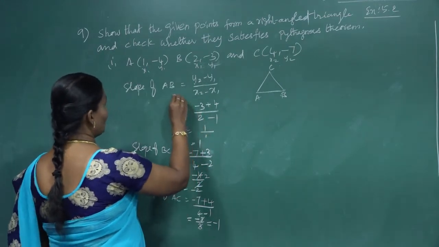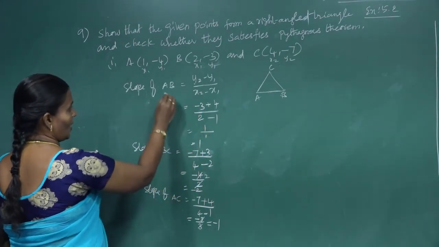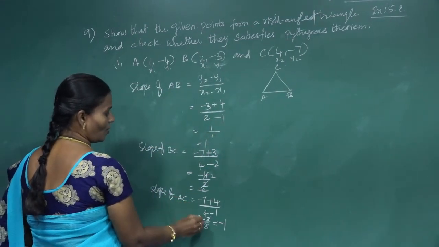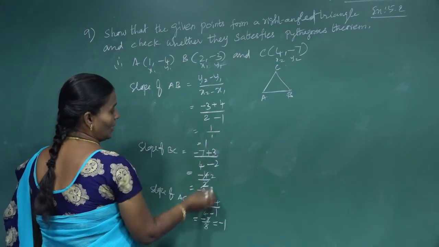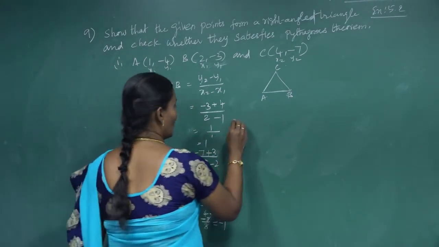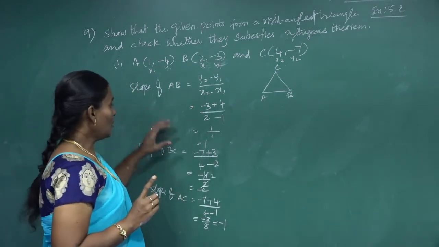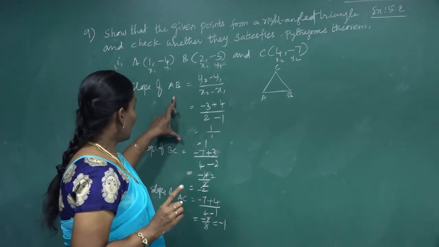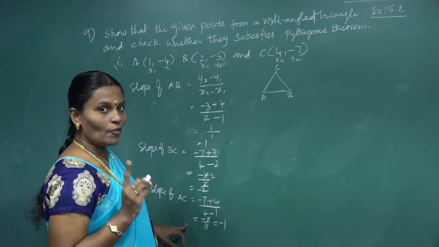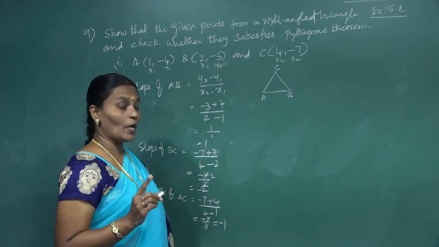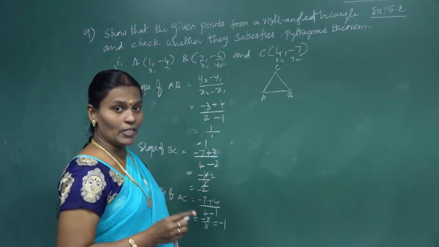Now compare these two slopes. The slope of AB and the slope of AC are negative reciprocals. Or otherwise, you know that if two line segments are perpendicular, we have to prove that M1 multiplied by M2 is equal to minus 1, isn't it?